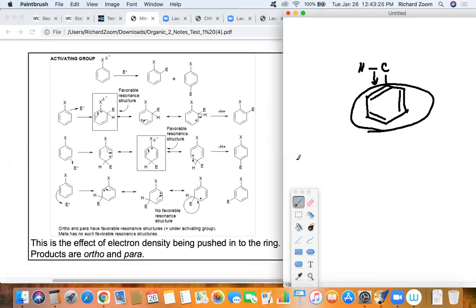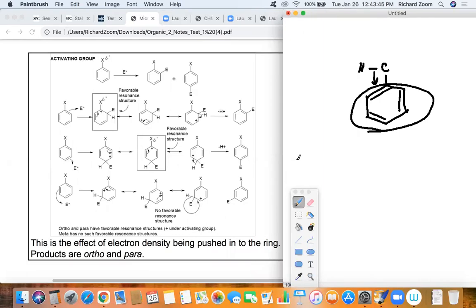As you can see, if X is activating, that means X is already on the ring and X is an activating group, the products will be ortho and para products. So let's look at why ortho and para products are going to be favored if X is activating.